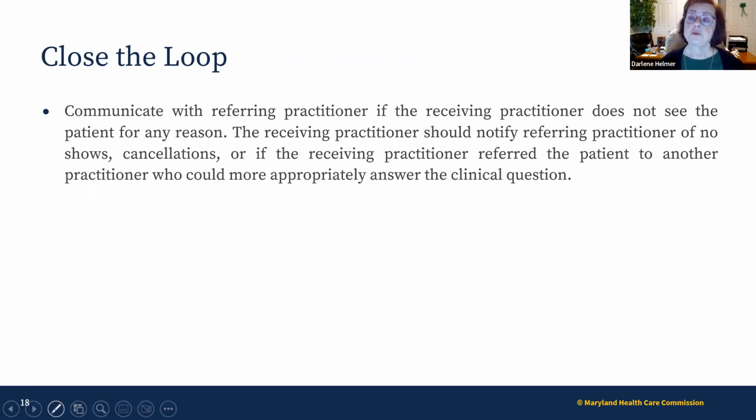Again, we're closing the loop. If the receiving practitioner does not see the patient, the receiving practitioner should notify the referring practitioner about any no-shows or cancellations, or if the receiving practitioner referred the patient to another practitioner who could more appropriately answer the clinical question.